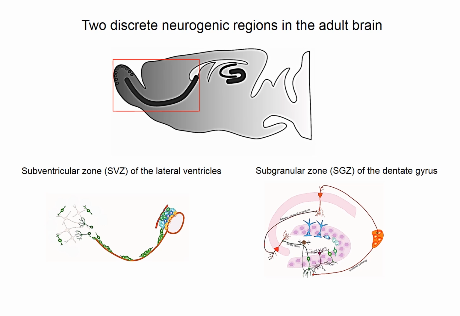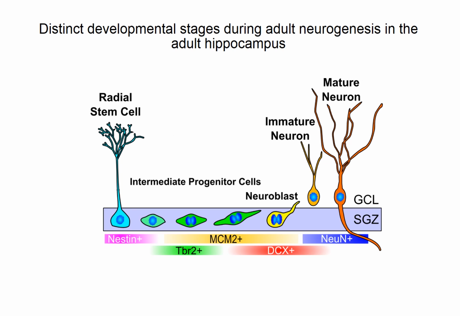The other neurogenic region is the dentate gyrus in the hippocampus, where cells are generated locally within a region called the subgranular zone. This is the region our research is based on. Adult hippocampal neurogenesis comprises multiple distinct developmental stages.